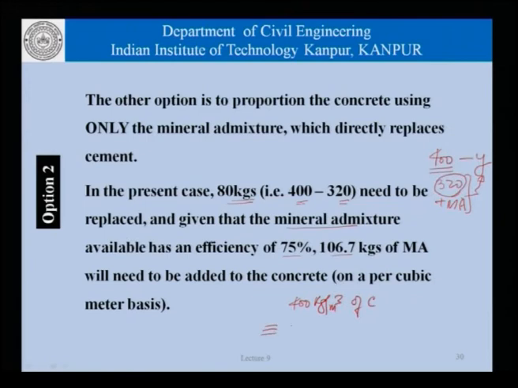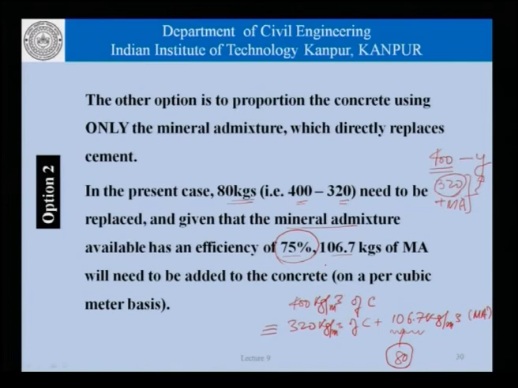This will now be equivalent to 320 kgs per cubic meter of cement plus 106.7 kgs per cubic meter of the mineral admixture. We need to use 106.7 kgs of the mineral admixture to replace the 80 kgs of cement, because the efficiency of the mineral admixture is 75%.